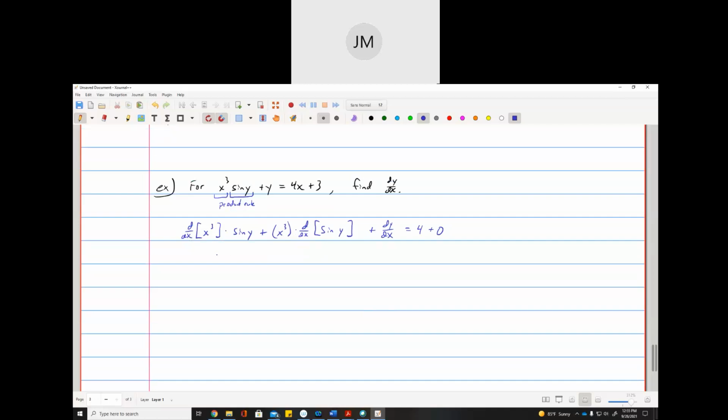I have the derivative of x cubed, so that's 3x squared. Sine y is hanging out. X cubed is hanging out. When I take the derivative of sine y, y is a function. It has its own formula. I don't know what that is, but it has its own formula. So I have sine of some function of stuff. So I'm using the chain rule.